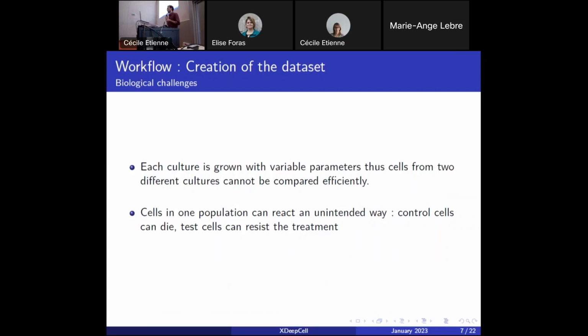And so during our study, they can appear like they were deteriorated by a drug, although they're not. And also, it can be the other way around. A cell that was treated can completely resist it and look perfectly normal. So those two things were challenges we have to work with during the whole study.